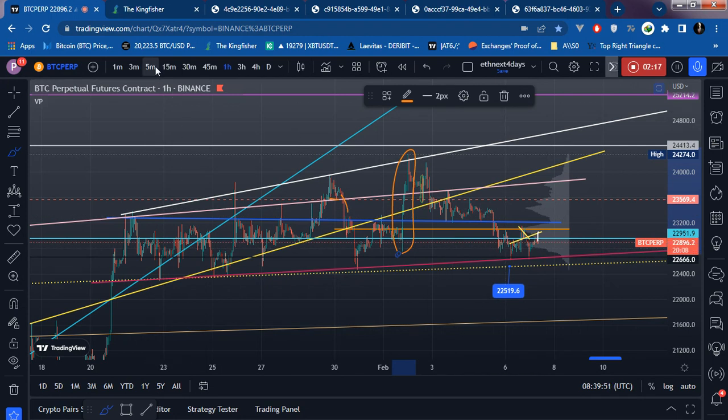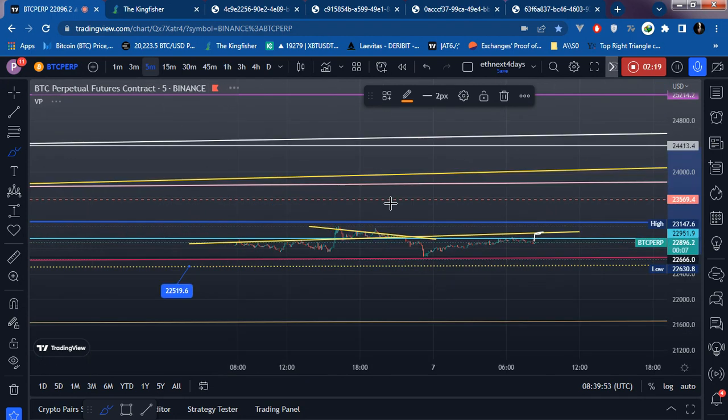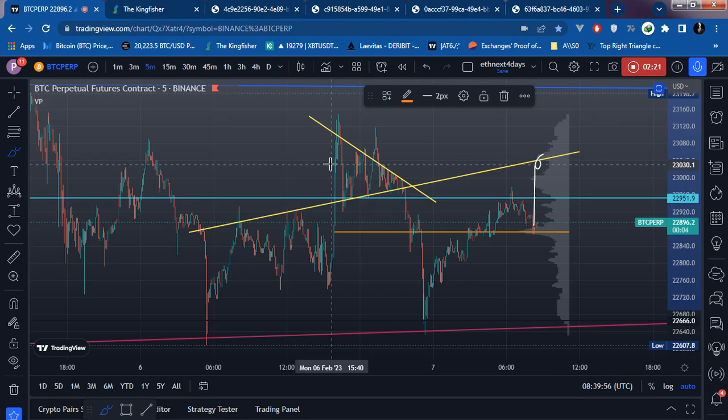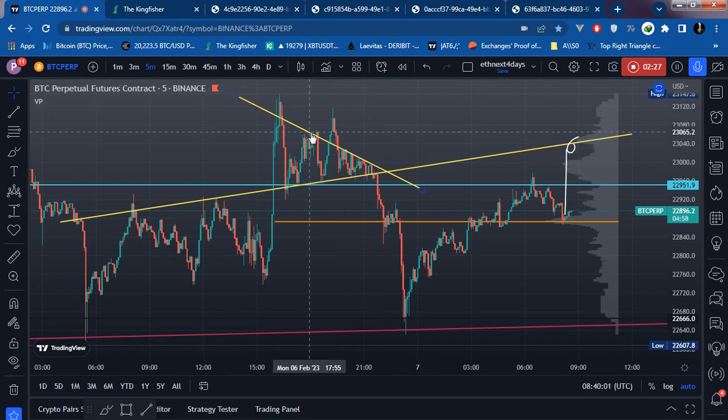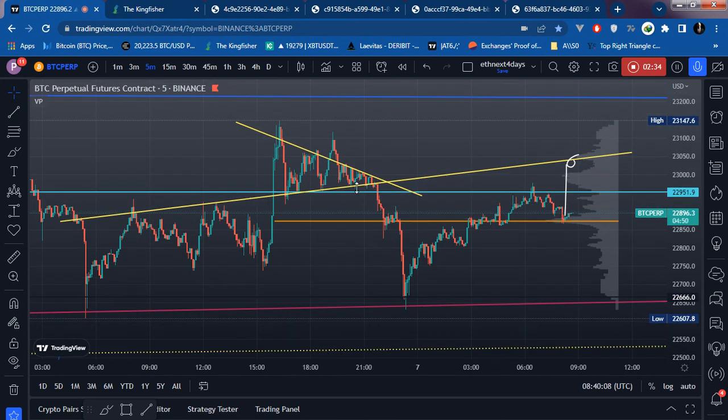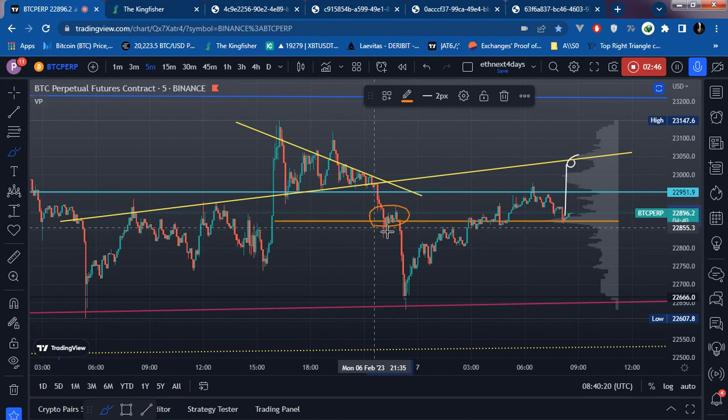Now, if we go to the 5 minutes time frame, right here, we could see that yesterday Bitcoin was doing a pennant. This is a pennant. And it failed to break above it. It broke down from here, and then it retested this support area. This is a local support.